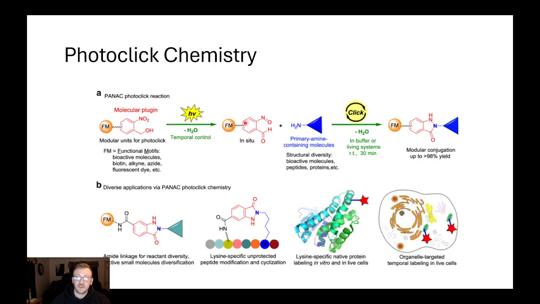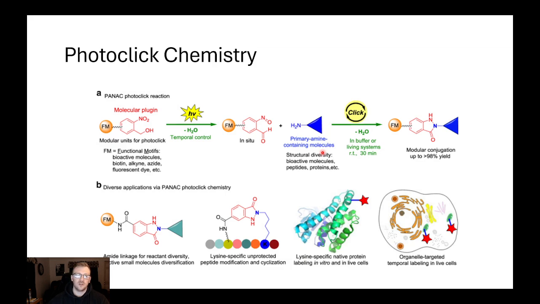And we're going to end up with a functional form now, where we have a nitrogen bonded to an oxygen with this hydrogen here and this carbonyl carbon over here. And we can take this functional molecular plug and we can conjugate it to an amine terminus of our target.